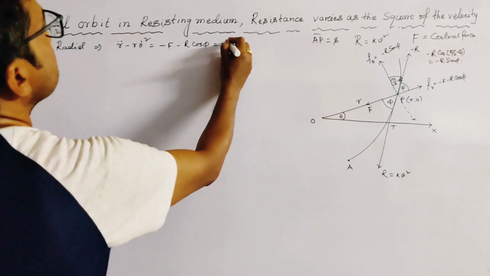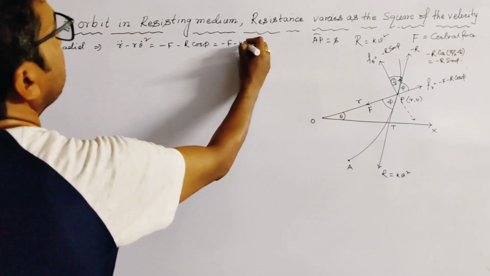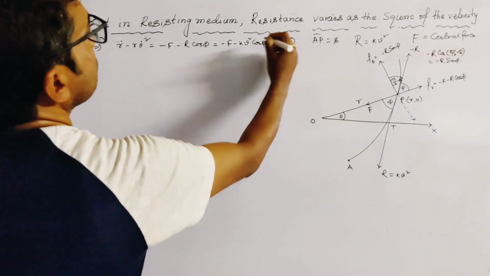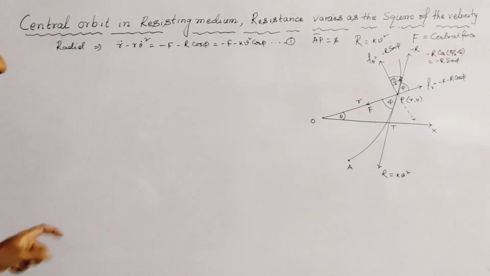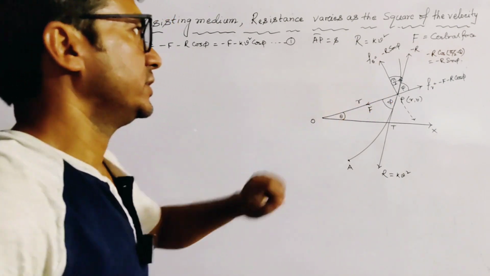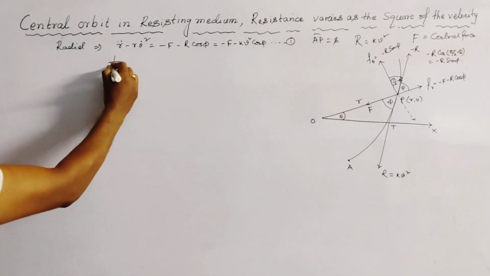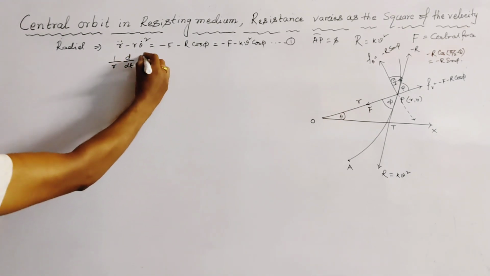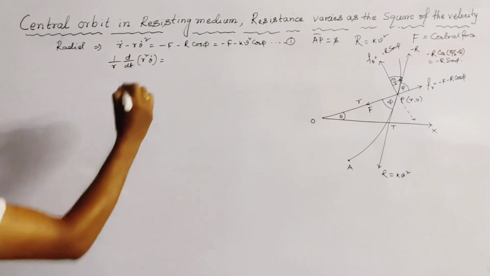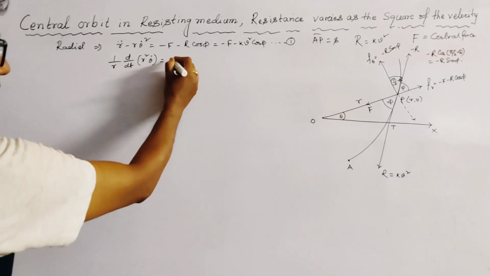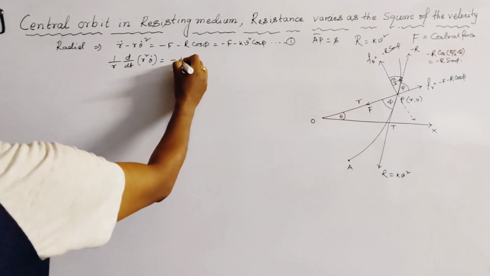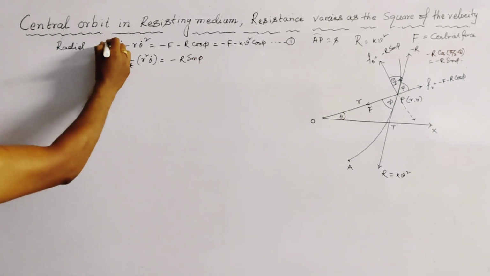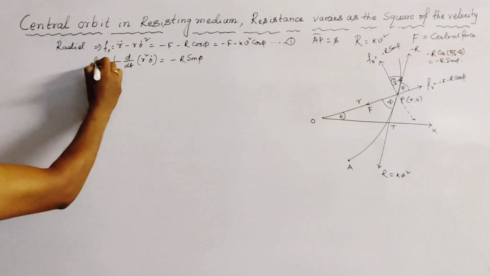So we get minus F minus K V square cos phi, and this is known as equation 1. The cross-radial equation of motion is 1 by r d/dt of (r square theta dot), equal to the cross-radial acceleration, that is minus R sin phi. Actually this is Fr and this is F theta.